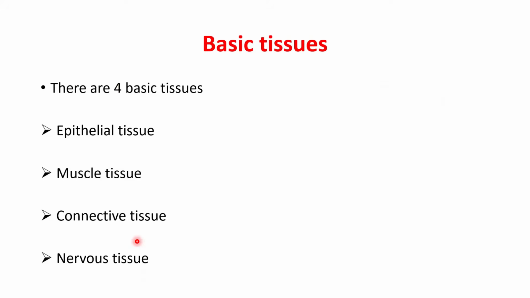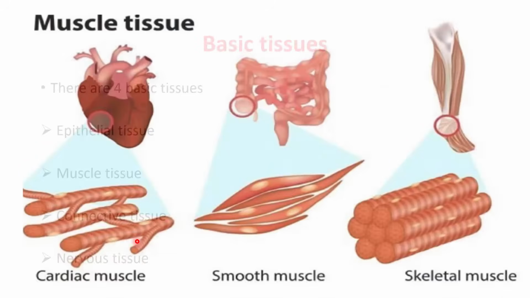For example, bone, various cartilages connecting one part of the body, and ligaments, all those are connective tissues. Then nervous tissue enables communication. It connects the various body parts through communication, and that integration comes from the nervous tissue.